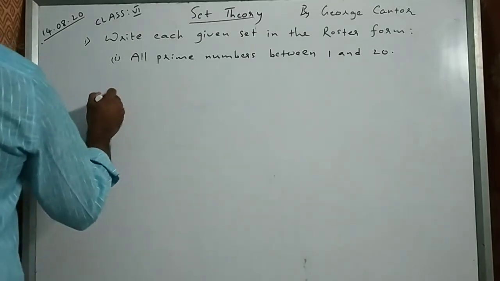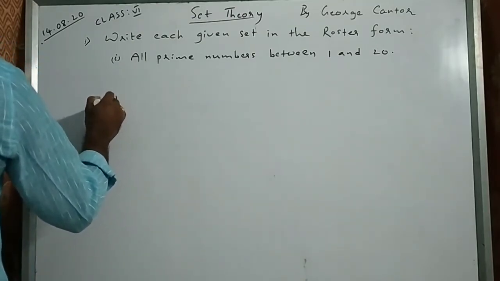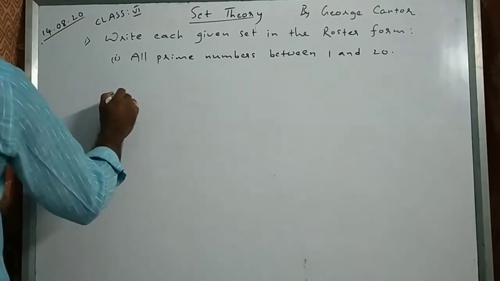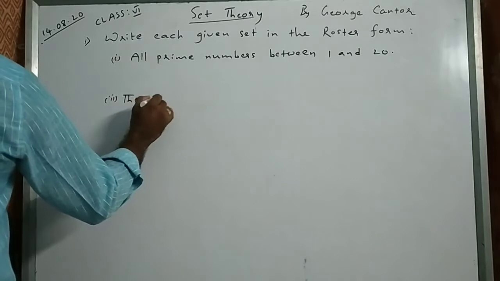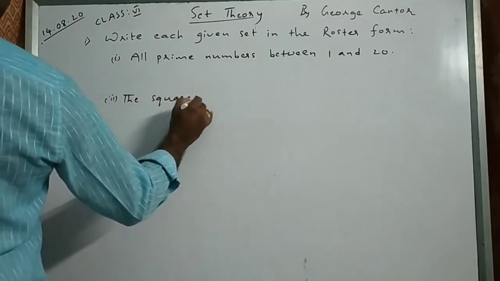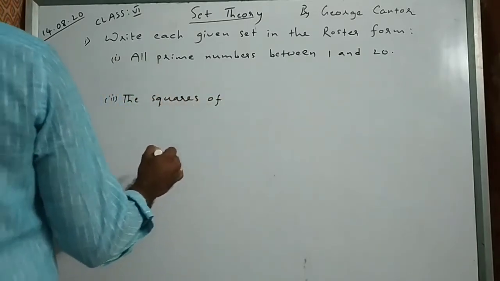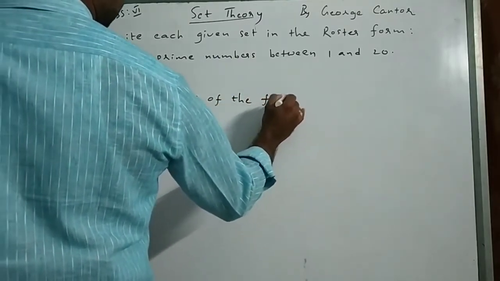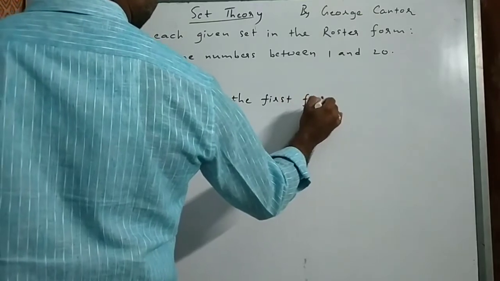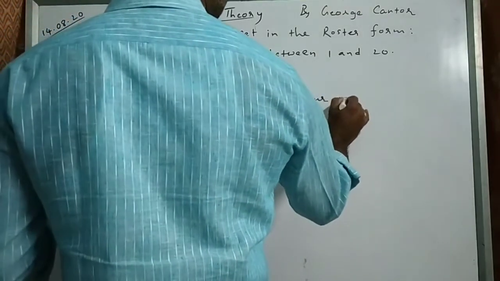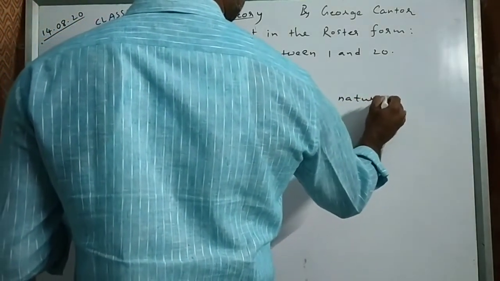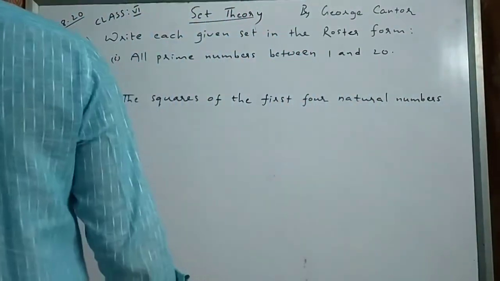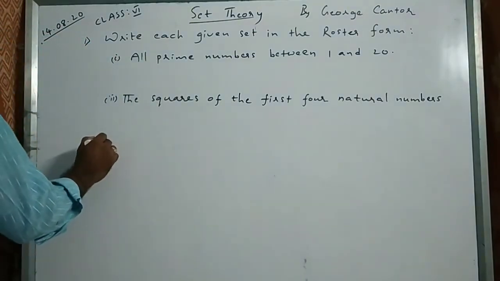I will say second question. First let me write the questions. The squares of the first 4 natural numbers. Third one.